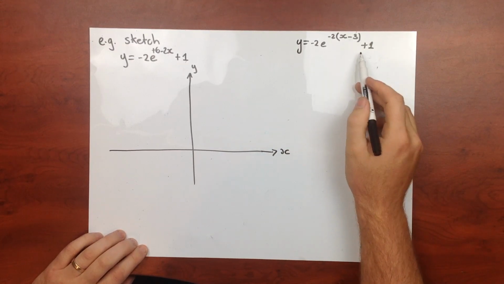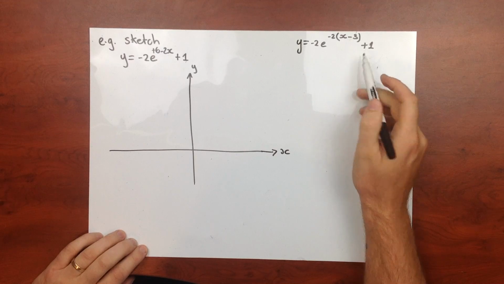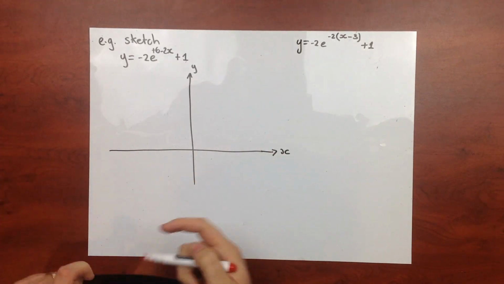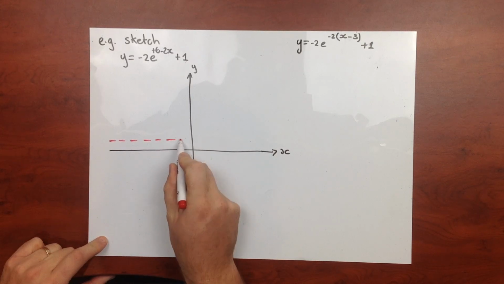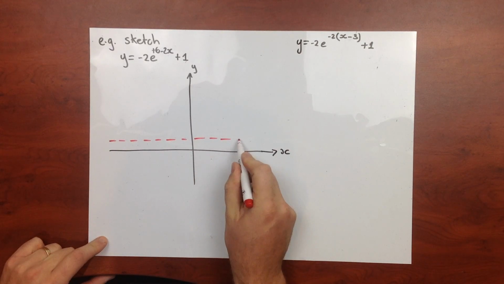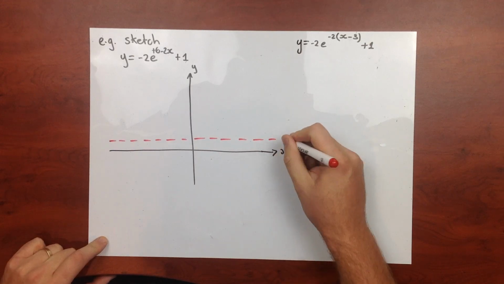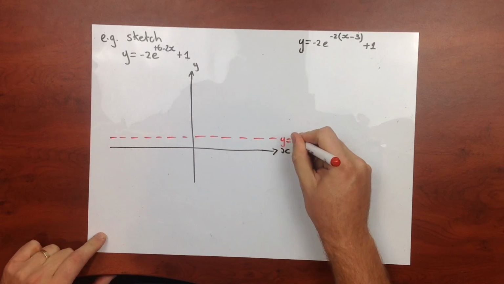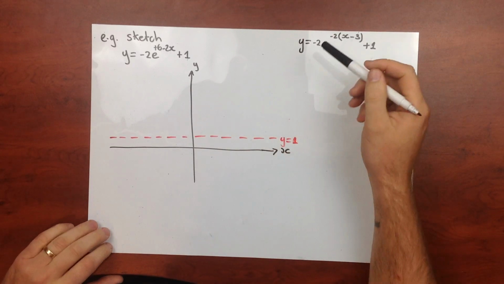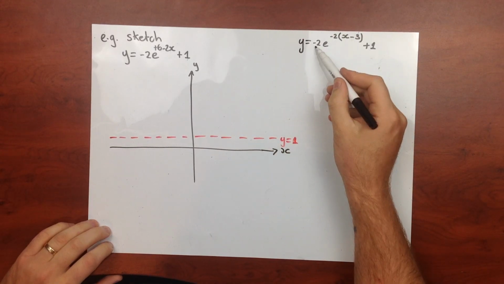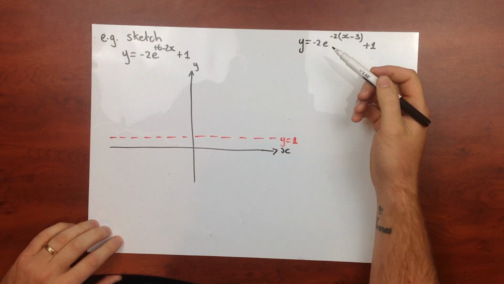Okay, we can see here that our horizontal asymptote is moved up 1, so there's no reason why I can't put that in. Nothing else is going to change that. Right, so the value y equals 1. Now you can see here that we actually have a dilation in both the x and y direction.